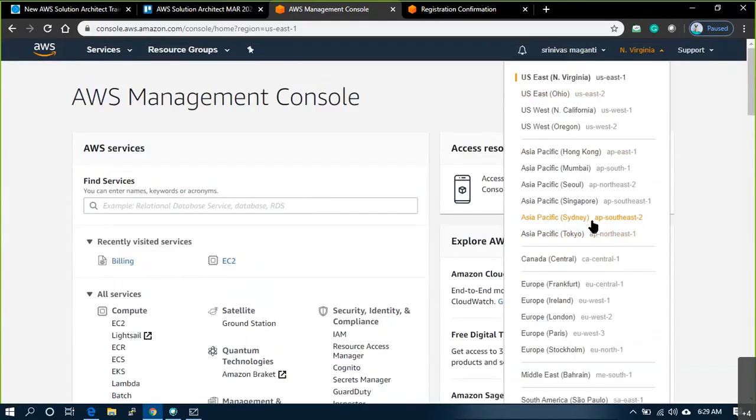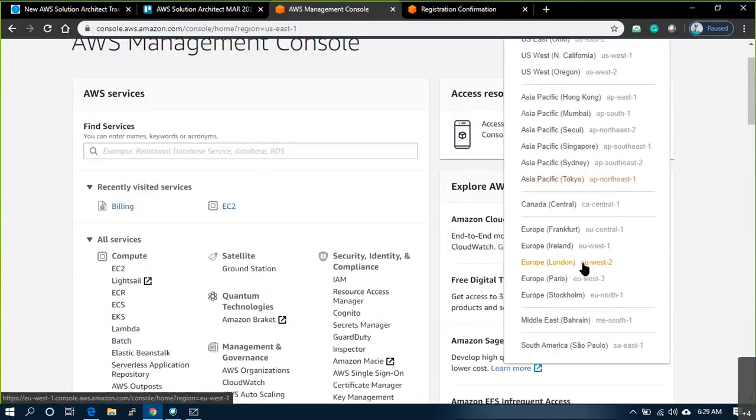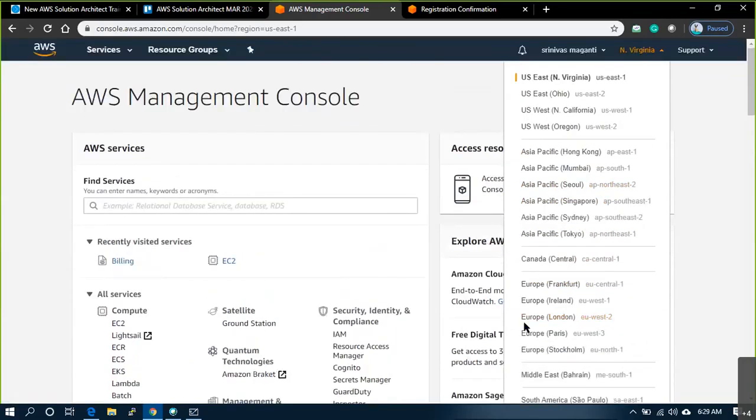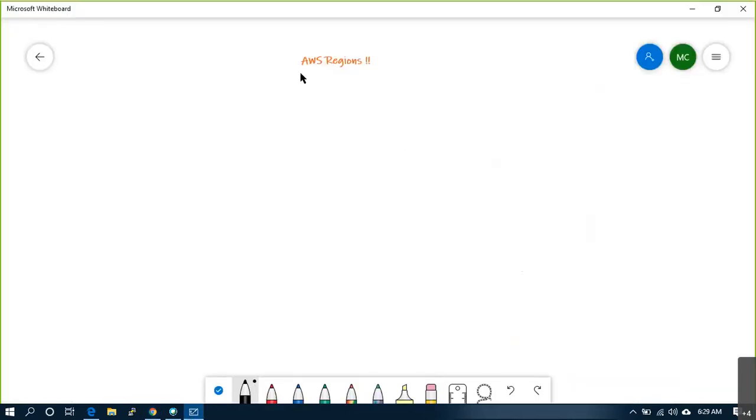What are all these locations? Anyone? These locations are the physical locations where AWS has its hardware installed, because virtual is something where something really is present somewhere and we can use it. Typically a data center.